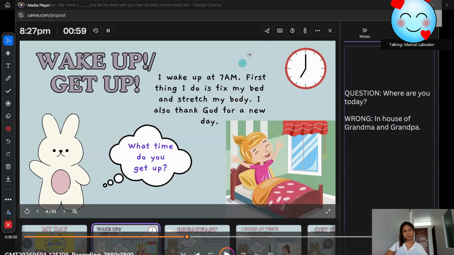Okay, so this is actually an hour lesson. So you really have to gauge your students' attention for them to be able to listen to you. It's a good thing that my student is very nice and she can actually follow instructions. But there are other students who don't know how to follow instructions, especially the beginner ones, like the 4 to 6 year olds.